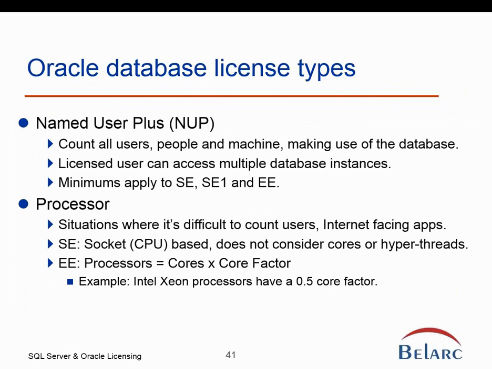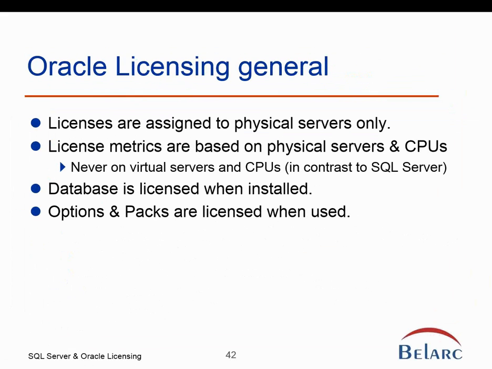And under the Enterprise Edition, it's a core count multiplied by a core factor. There's a very lengthy core factor table that Oracle has. Just so you know, in most servers these days, if you're running Intel Xeon processors, they have a 0.5 core factor. So we'll turn it over to Ken to discuss the licensing rules for these different products.